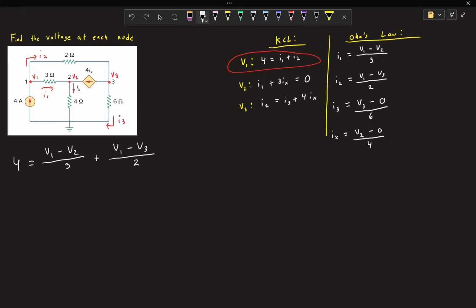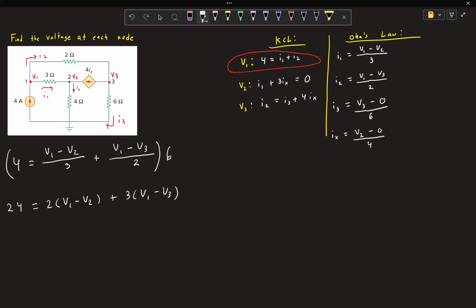And then we just need to simplify it. The fastest way to do that is to multiply by a number that'll cancel out all the fractions. So we can just multiply by 6, and then we'll get 6 divided by 3 is 2 times V1 minus V2, plus 6 divided by 2 is 3 times V1 minus V3.